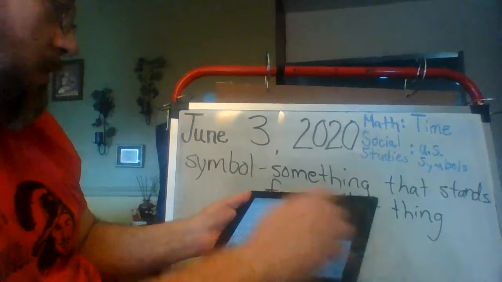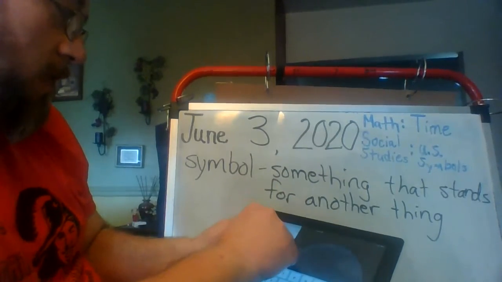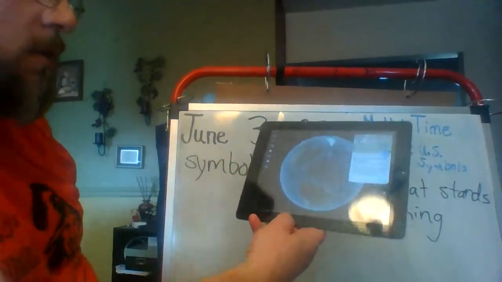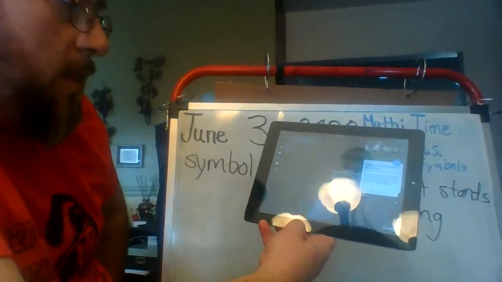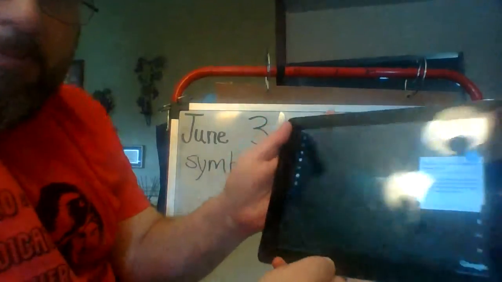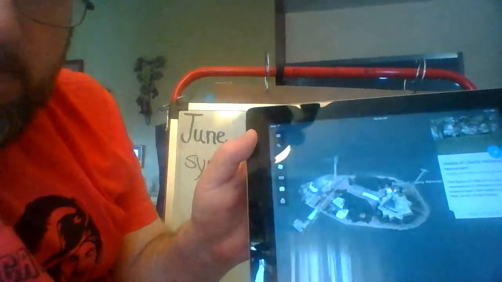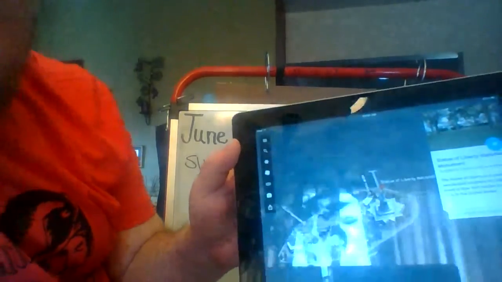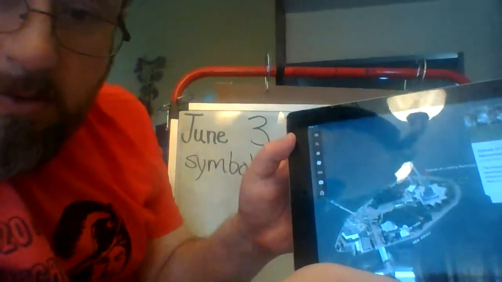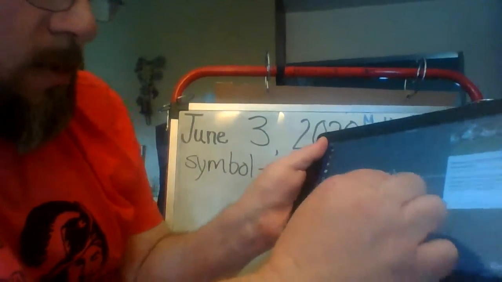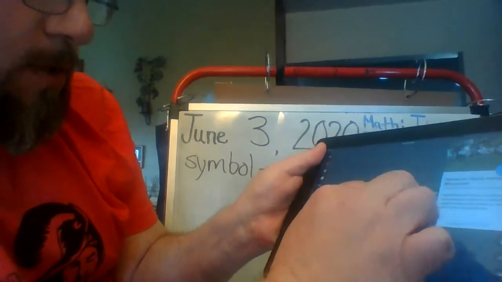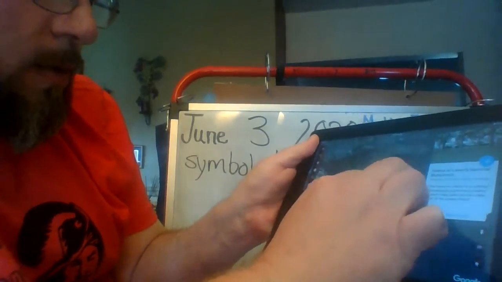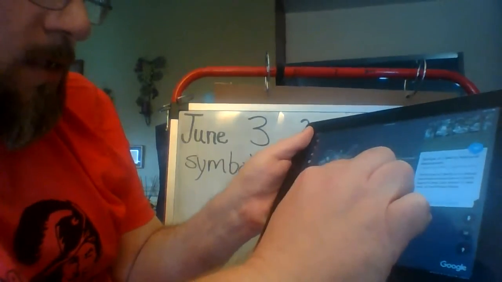So, as you can see here, I've actually done a search and I've got it set up so that it will take us to the Statue of Liberty National Monument. So that's Liberty Island. And if I zoom in, first let me turn it, and then zoom in.